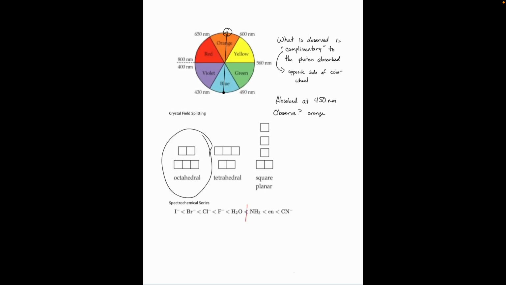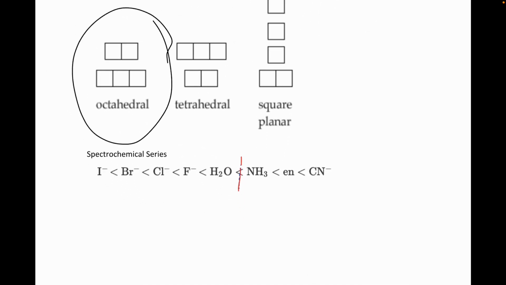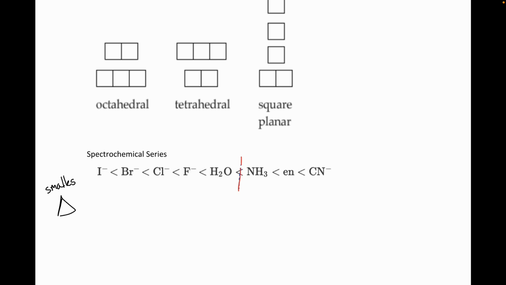Now, before we can do that, we got to talk about the difference in the ligands here. We see that we have what's called this spectrochemical series down here. What is this thing doing for us? This ranks all of these possible ligands in terms of their splitting energy, where this is my crystal field splitting energy. This side is the smallest delta.